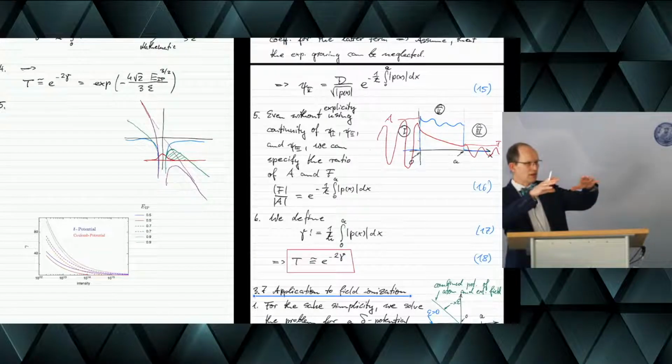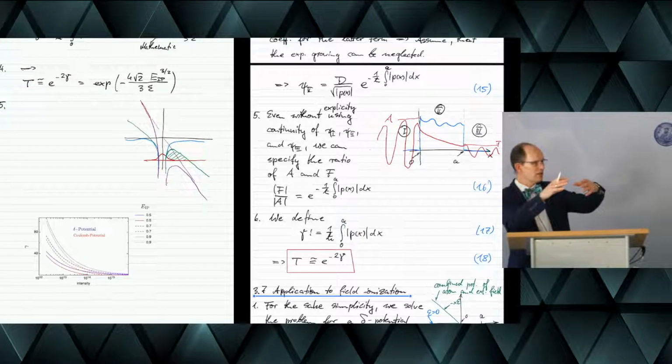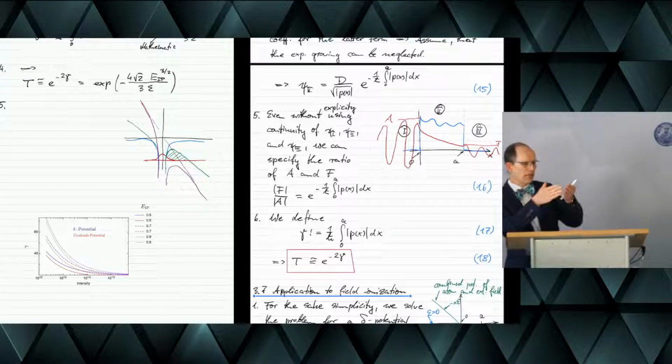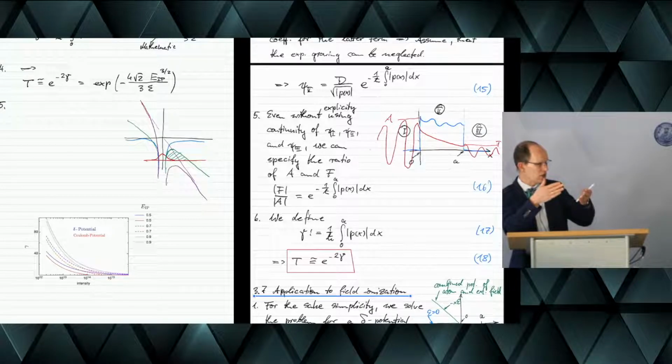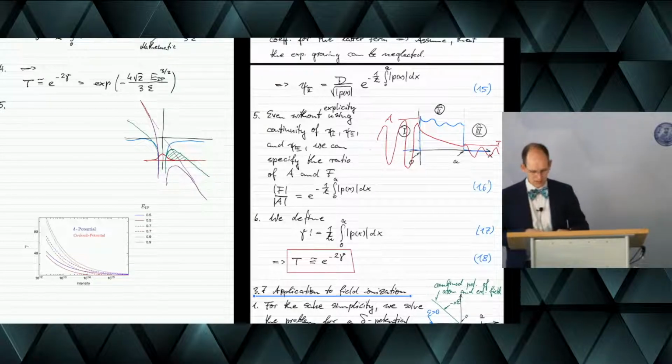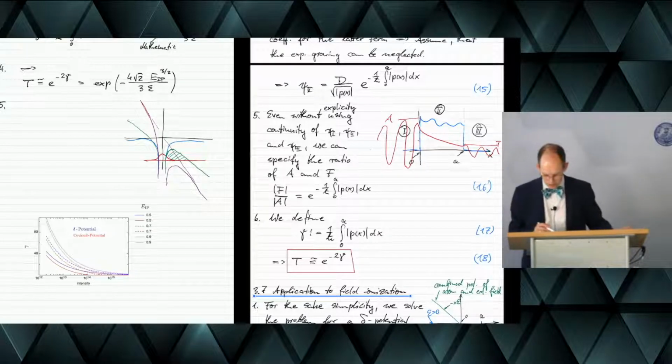But if you try to imagine how this looks in 3 dimensions, then in field direction the cross section is perhaps like this, but as you go away from the field direction, the tunnel barrier gets larger and larger. So it's much more complicated in 3 dimensions. But of course you can use parabolic coordinates, and then it's basically also a one-dimensional problem. So this is a one-dimensional hydrogen atom, not a real hydrogen atom.